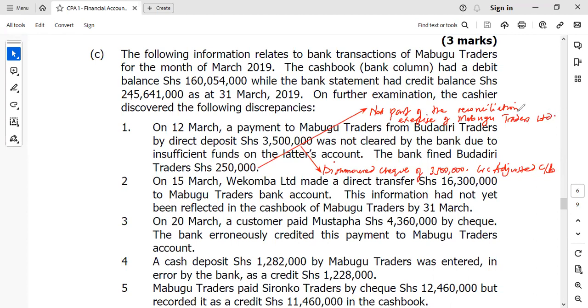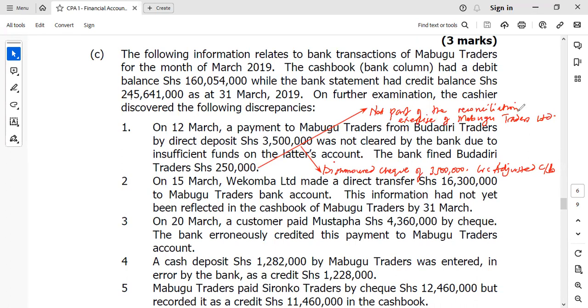This fine does not affect Mabugu Traders. It affects Budadili Traders. So this is out of our exercise. We don't need that in our adjusted cash book as well as in the bank reconciliation statement.